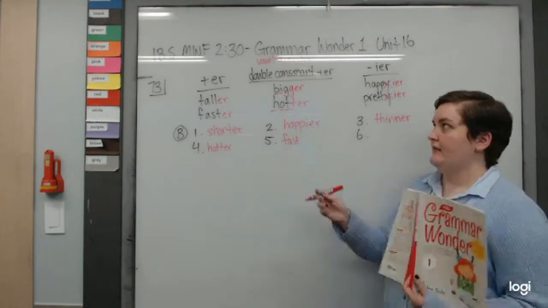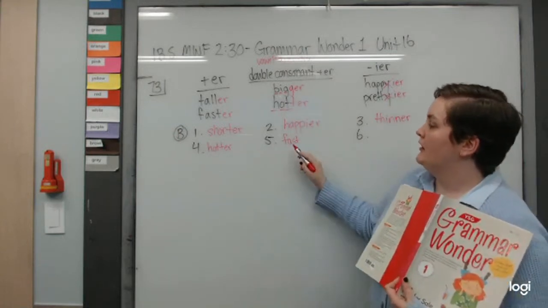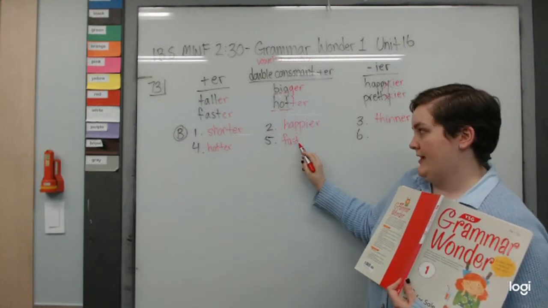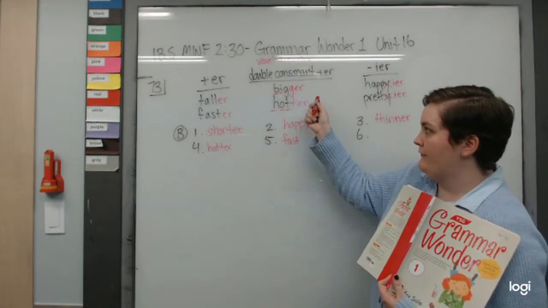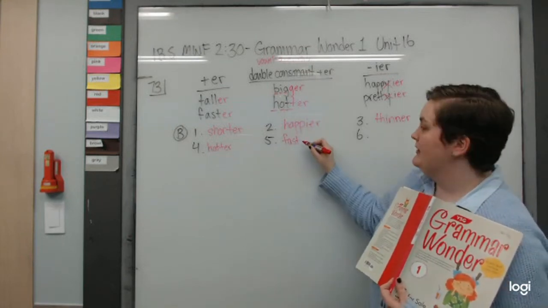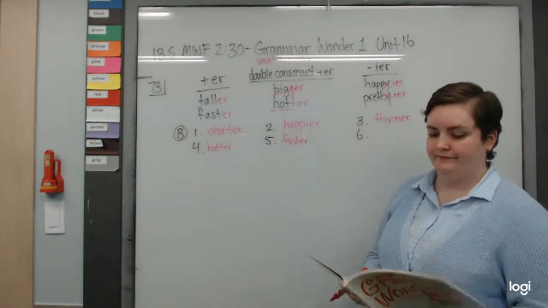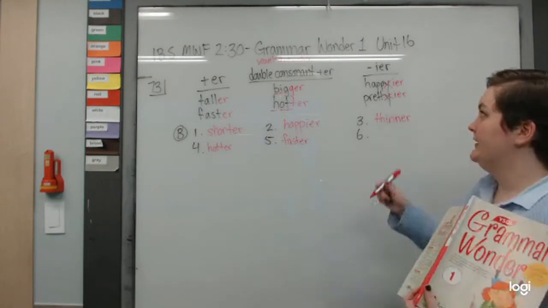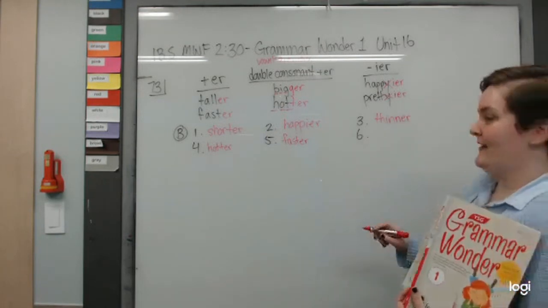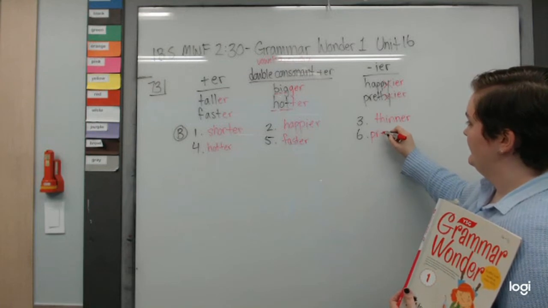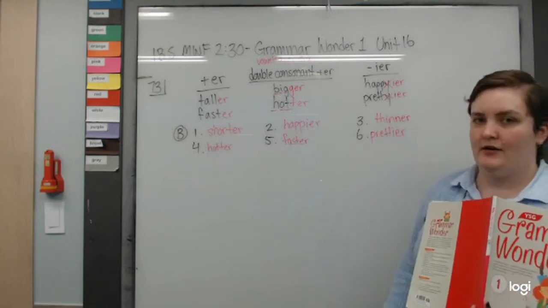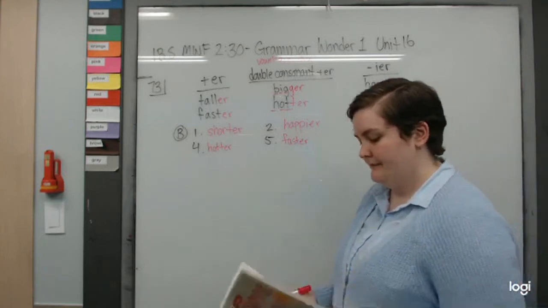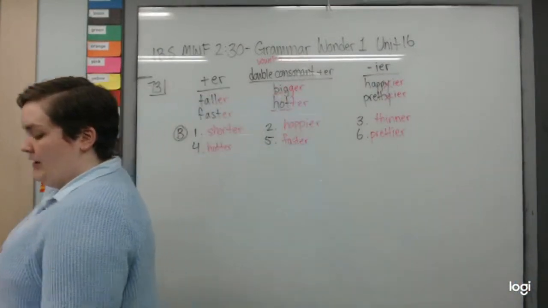No. Does it follow this rule? Consonant, vowel, no, consonant. Okay, does not follow this rule. So what do we do? ER. And pretty. Does it end in Y? Yes, it does. So what do we do? We put IER instead of Y. Okay.